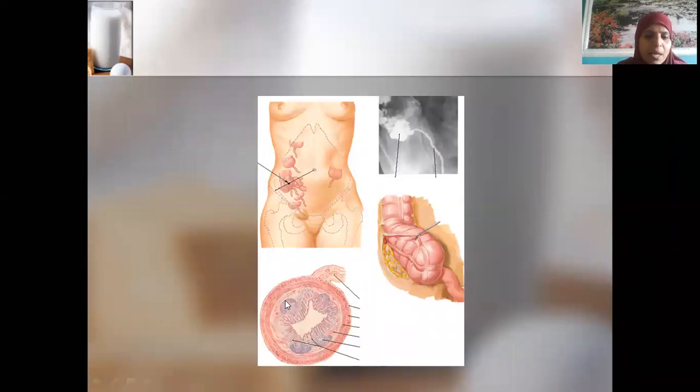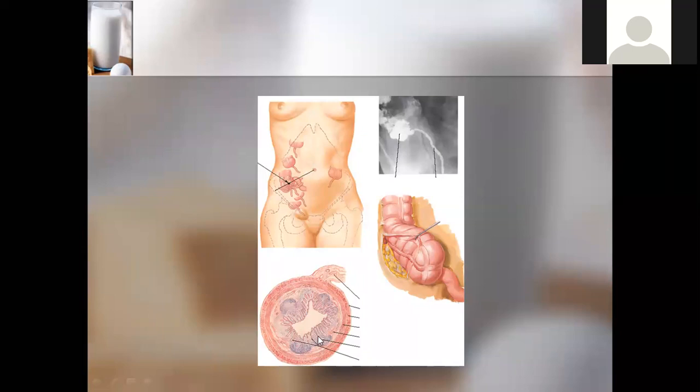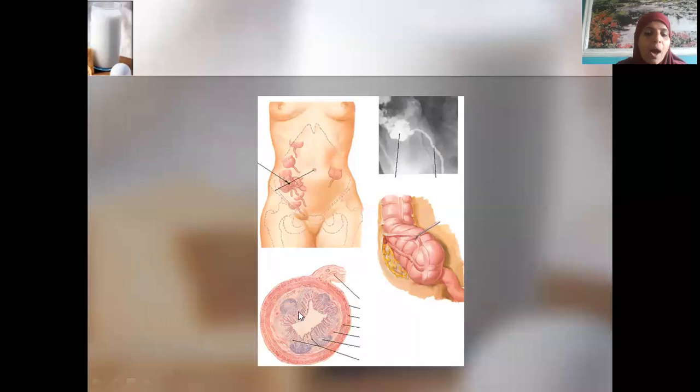That means it has so many lymphatic nodules. That's the reason appendix is generally considered the abdominal tonsil. Generally, we have seen palatine tonsils in the oral cavity. Similarly, in the wall of appendix, a lot of lymphoid tissue is there.